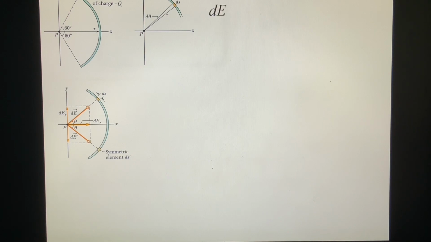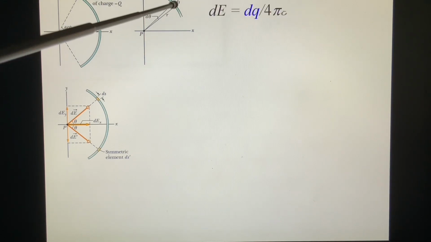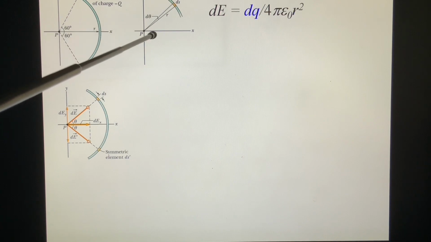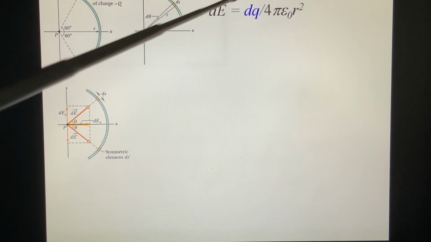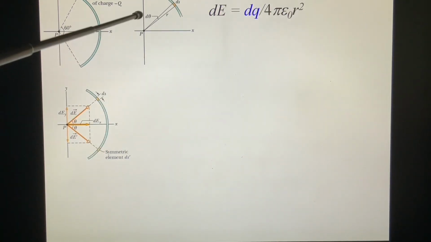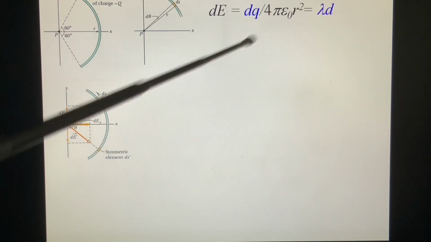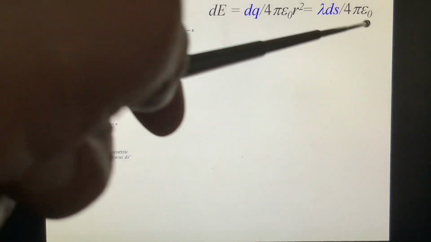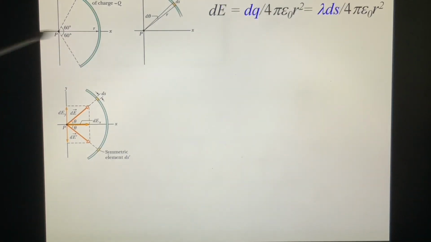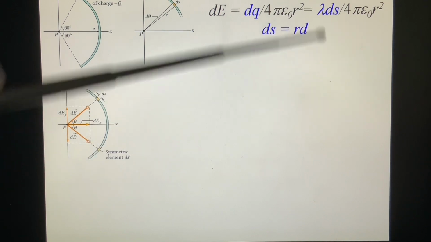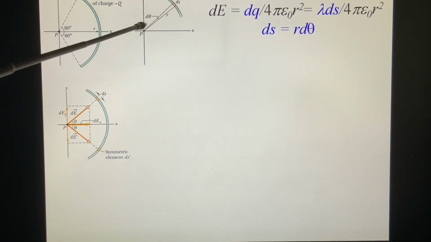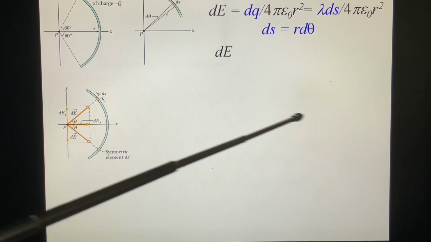Then we find the dE produced by this one at this point: dq over 4 pi epsilon r squared. What is dq? dq is lambda ds. What is lambda? Lambda equals q over the length, and ds equals r d theta.